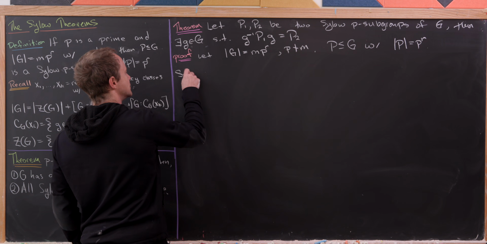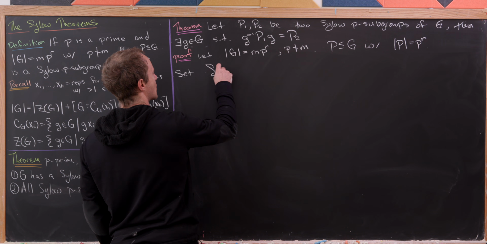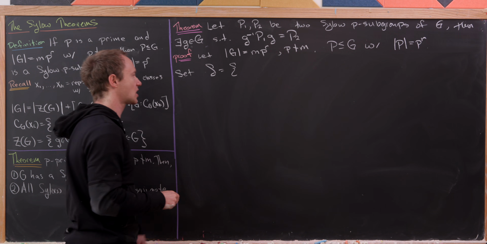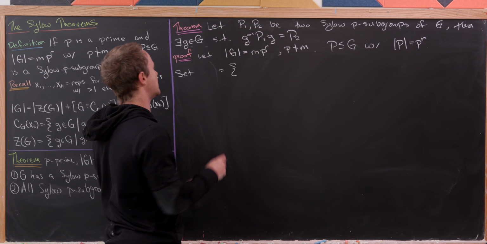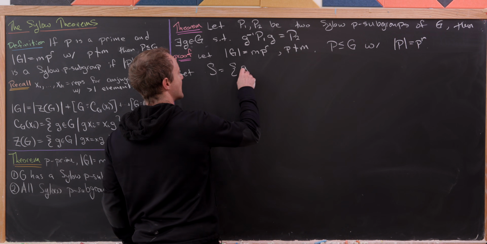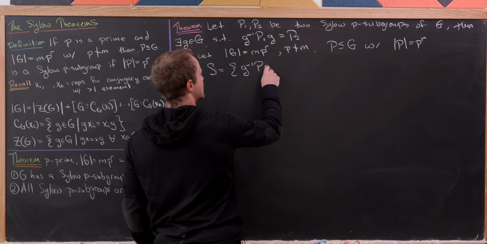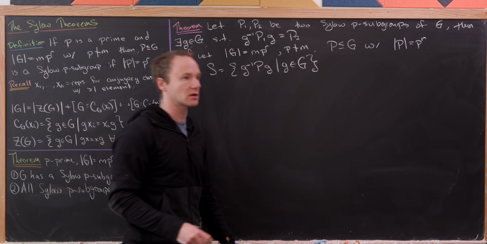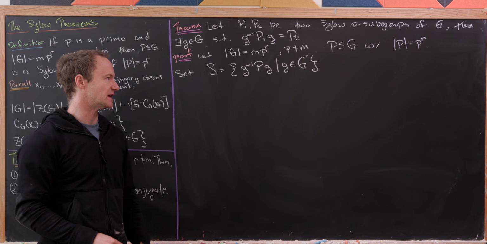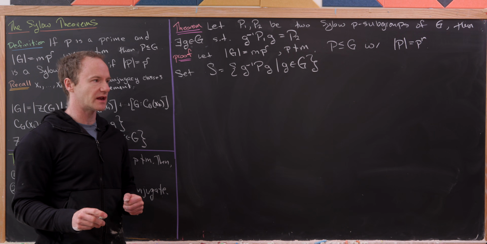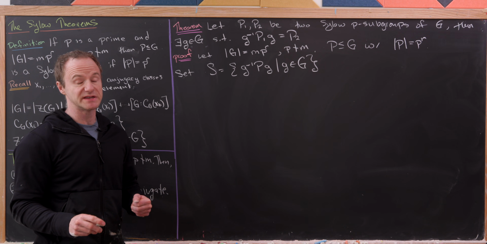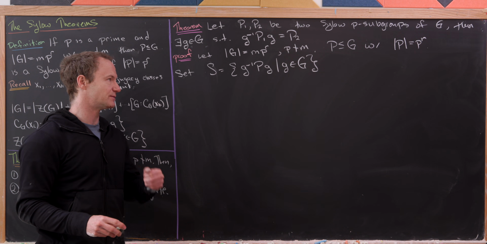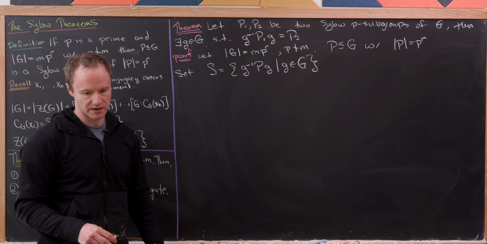And now what I want to do is set this set that I'll call S equal to all conjugates of P. So I could write that as g inverse P g as g runs over all group elements. So that's all conjugate subgroups of P. A priori, we don't know that all of the Sylow p-subgroups are in this set, but they in fact will be. That's what we're proving here.